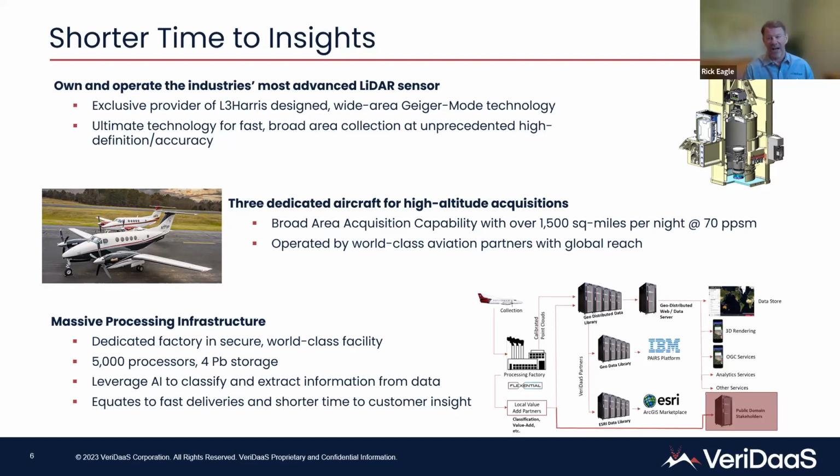We have plenty of processing power to keep up with the data as it's coming off the aircraft. We also have been using AI to classify and extract features and information out of the data sets. And again, all of this is to get short time to insight to our clients, and very fast delivery for your customers like yourselves.